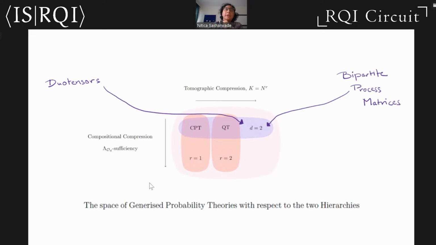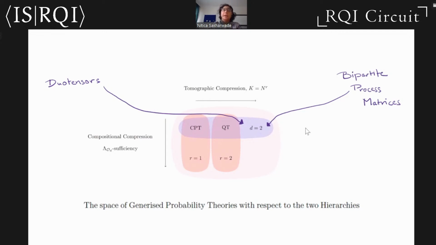But the thing that we learned by studying this hierarchy is that a class of generalized probability theories called the duotensors, as well as bipartite process matrices, fall in the same rung of this hierarchy, which is kind of the upshot of this talk, because what this might help us with is kind of a program for reconstruction for quantum gravity akin to the reconstruction program for quantum theory from physical principles.